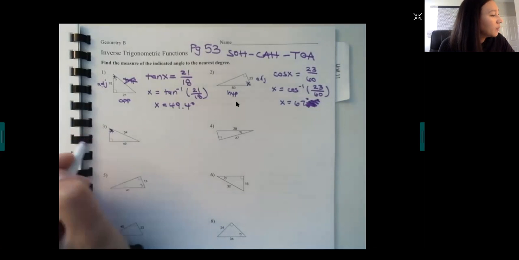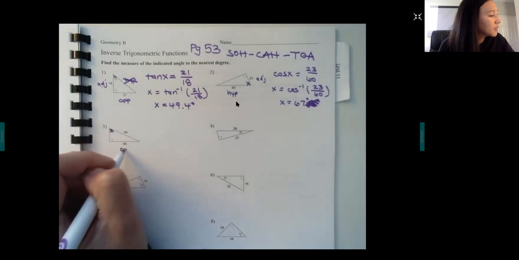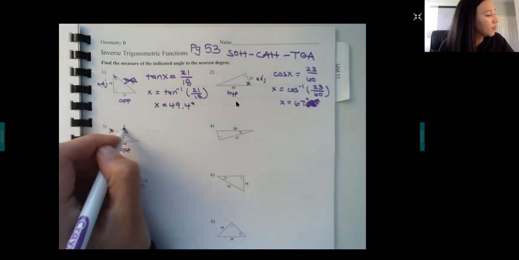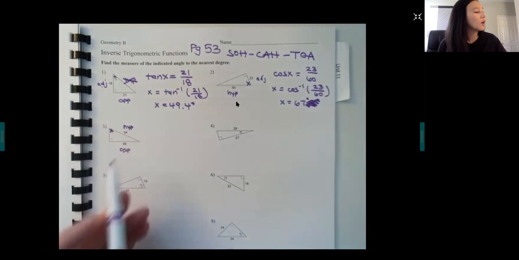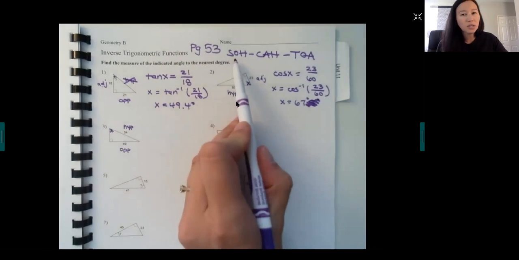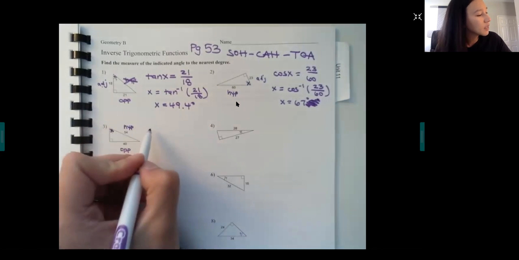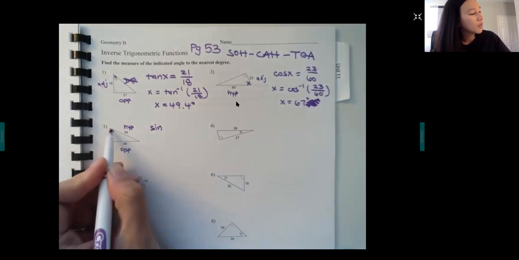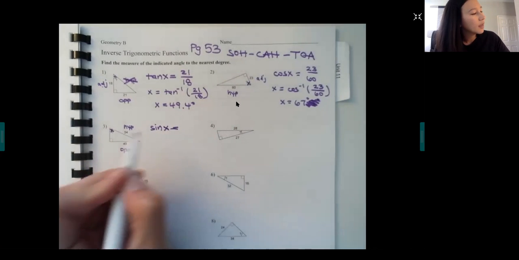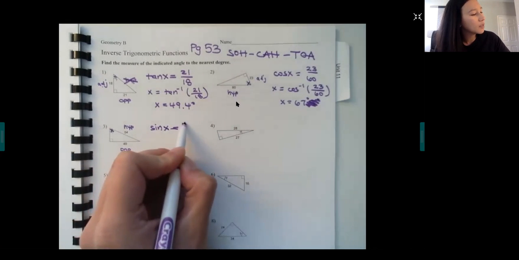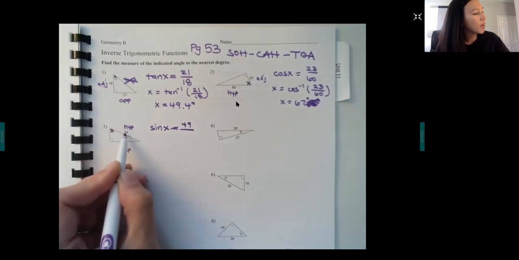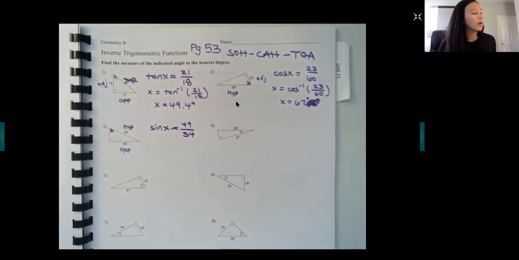So here's our angle, which makes the 49 our opposite side, and then the 54 is the hypotenuse. It's across. So we have the opposite and the hypotenuse, so it's going to be our SO, which is the sine function. So the sine of an angle X is equal to our opposite side, which is 49, over our hypotenuse, which is 54.